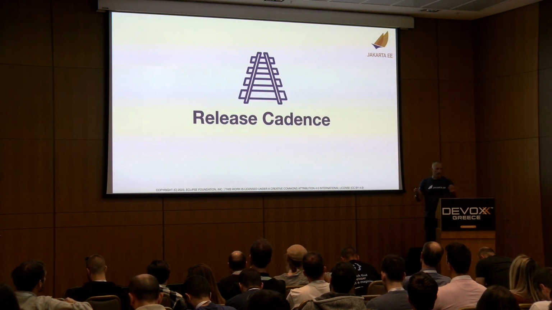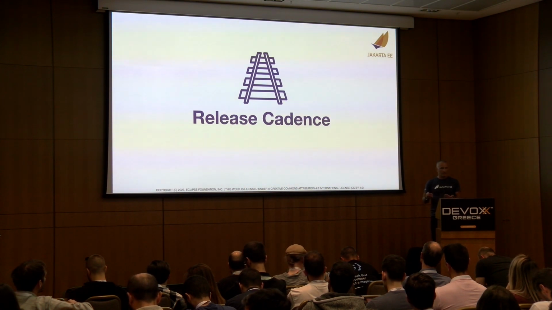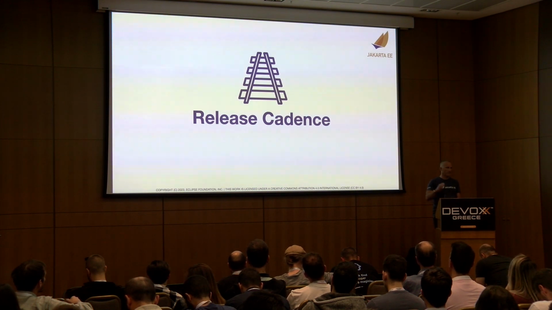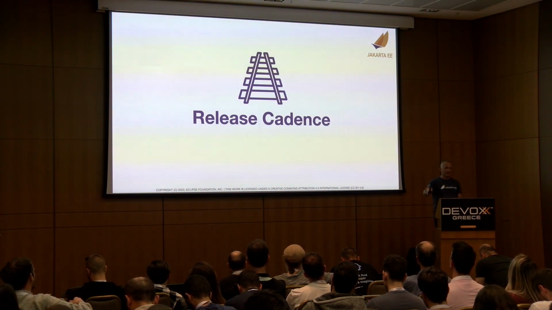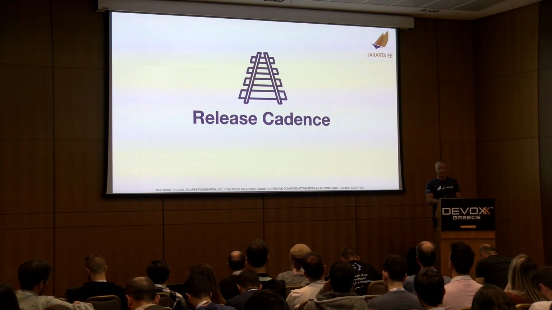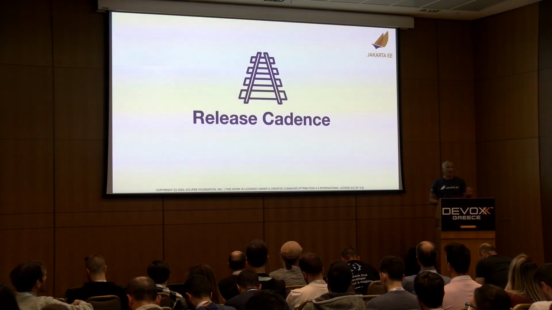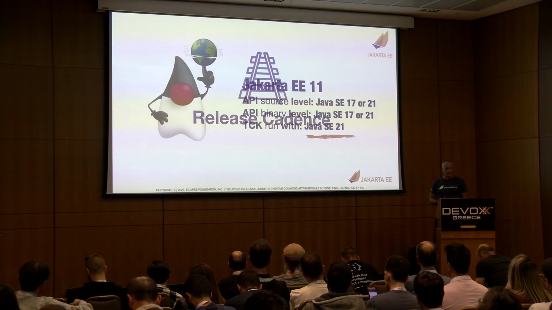One of the things we are trying to do is establish a release cadence, and that cadence will be six months after the Java LTS version. So Java 21 comes out in September later this year, and in Q1 or early Q2 next year, our plan is to release Jakarta 11, which will be based on Java 21.